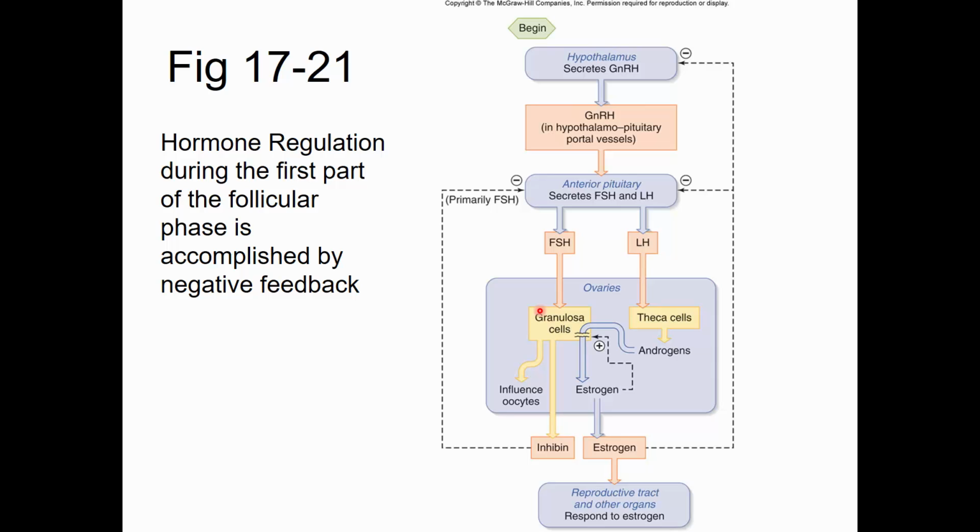Once the follicles start producing, we don't want to develop any more follicles. So inhibin inhibits FSH. Let's see what happens to the small number of follicles before we start developing any more. Estrogen then, of course, is used throughout the body, and it can inhibit LH and FSH and inhibit GnRH.